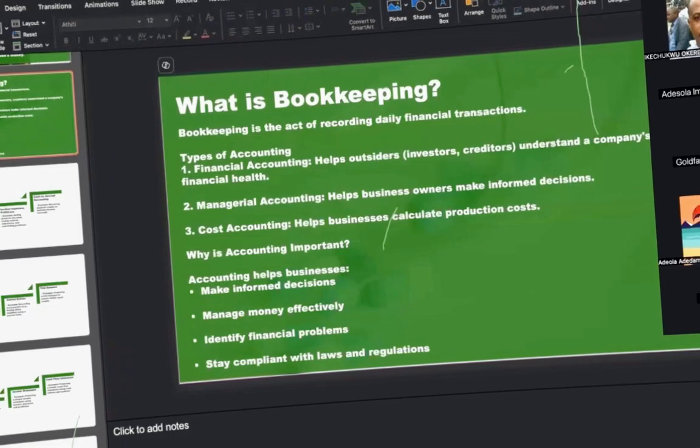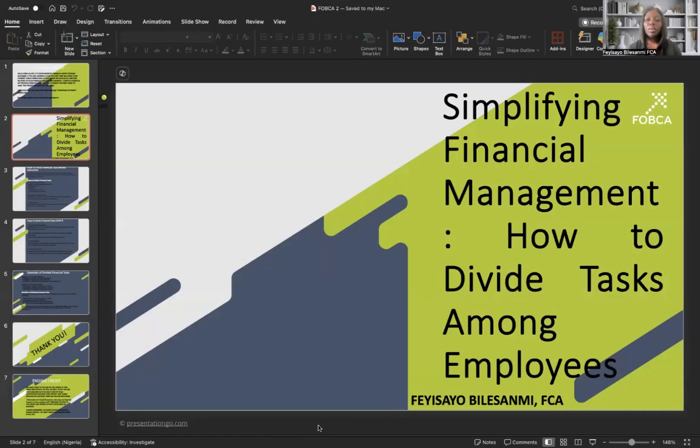Good evening, everyone. Welcome to this class. I'm going to be showing you some basic things that will help you know how to keep basic accounts. We're going to be looking at how to simplify our financial management in such a way that we can divide tasks amongst our employees to forestall fraud.